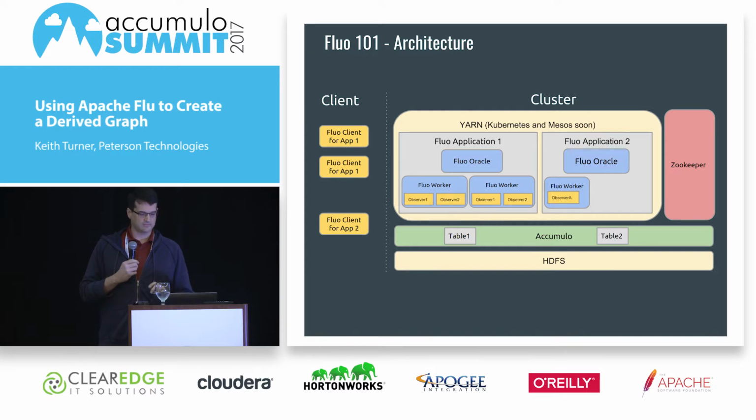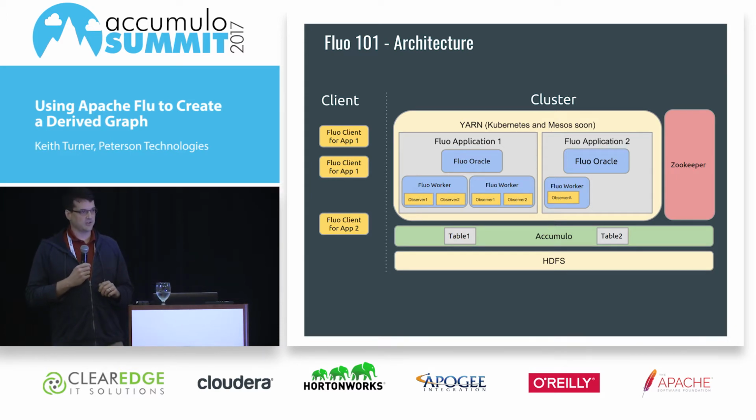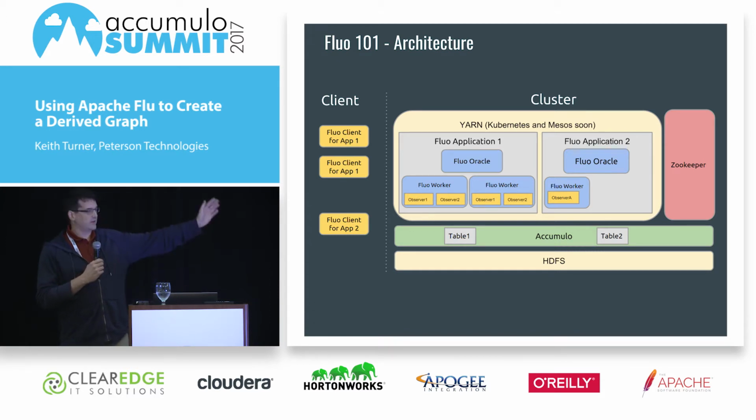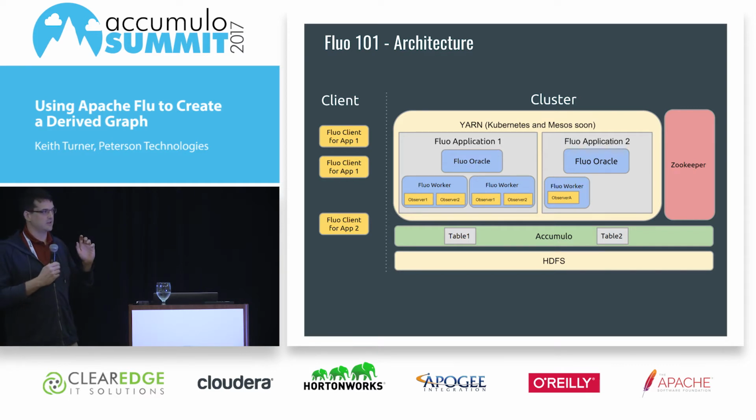And I don't know if I mentioned this, Fluo is an implementation of Percolator that's currently an Apache top-level project, Apache Fluo. And it builds on top of Accumulo. So this shows the components of Fluo. As a user, you have client processes that use the Fluo API and execute transactions.